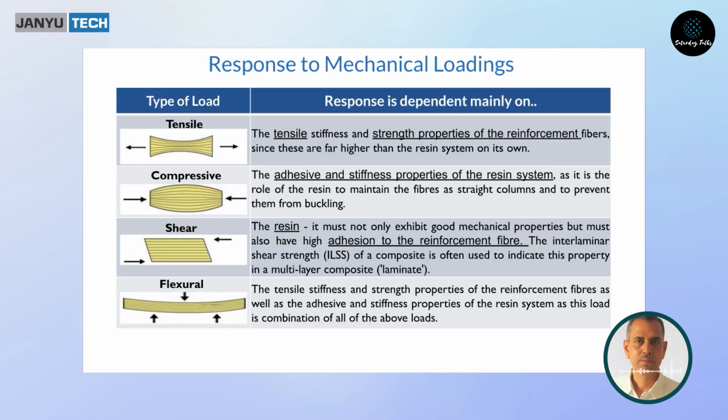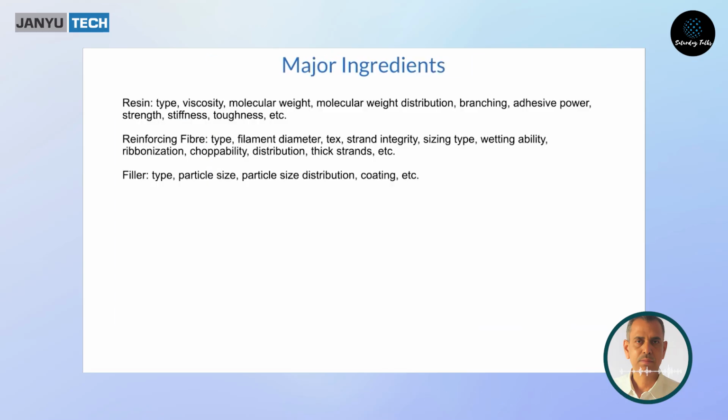When we use this material in practical applications, there are different kinds of loads. For meeting those load requirements, when we are developing a composite material, we need to ensure that the individual raw material components are performing their individual jobs.